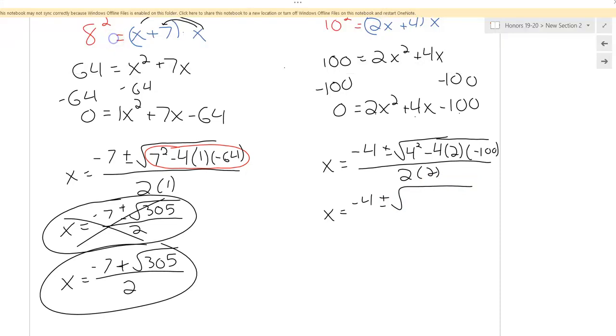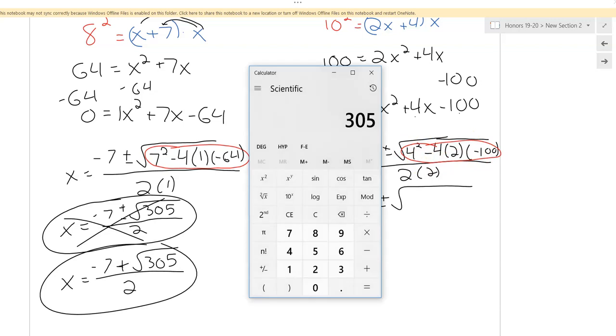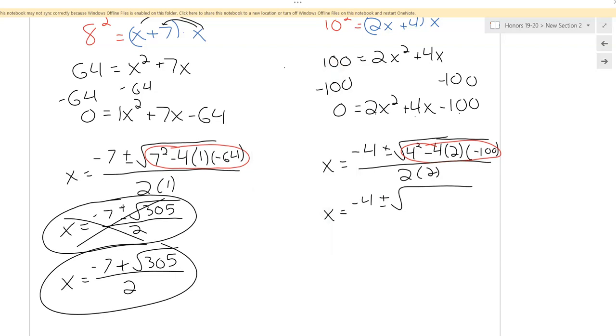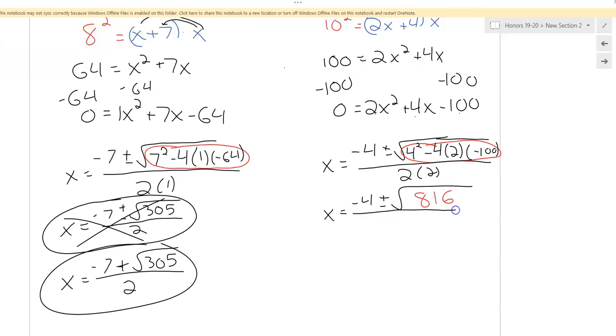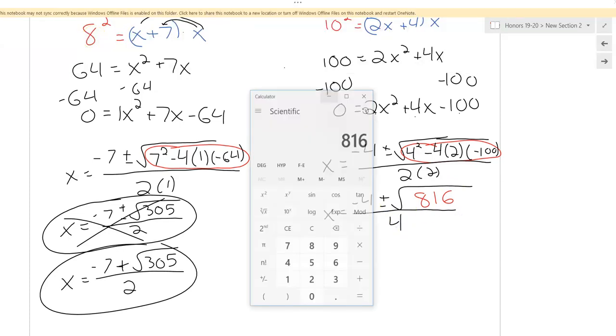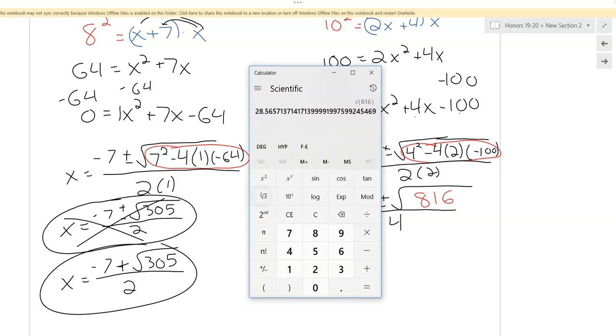I type what's under the square root into my calculator. 4 squared minus 4 times 2 times 100. And we get 816. And we take the square root of that.